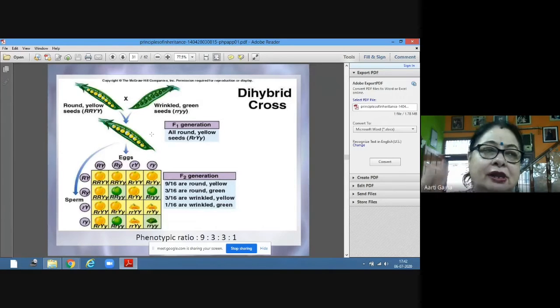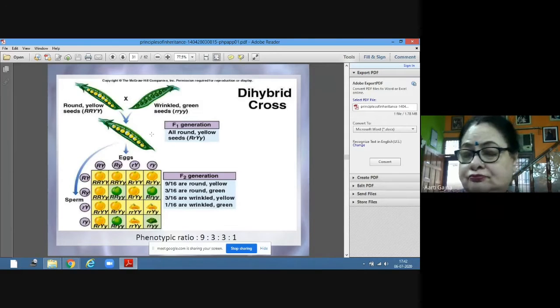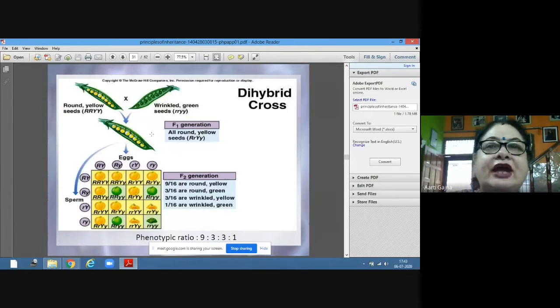For example, if we are taking another trait, black eye with black hair, and second, blue eye with brown hair, they are independent. You can find black eye with brown hair.